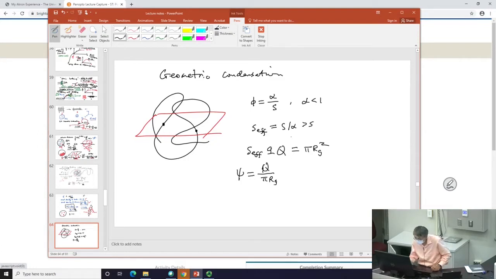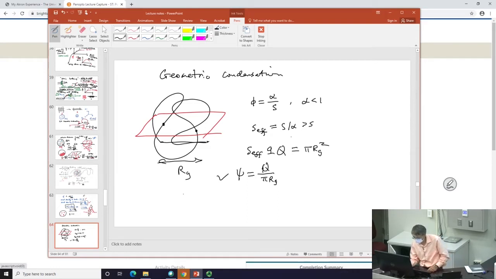When you have a chain of size Rg, as a Gaussian chain, if you imagine a plane cutting through it, you'll find the chain will visit this cut-through plane several times. And you can also ask, really, how many such chains per unit volume do you have? And that's this quantity. So this part I introduced last time already.